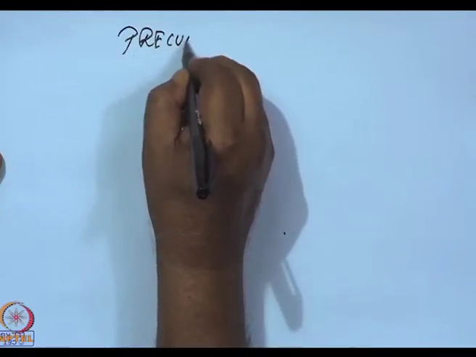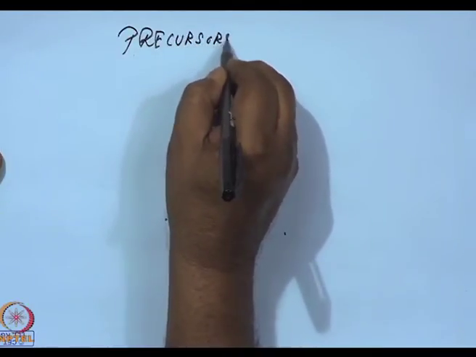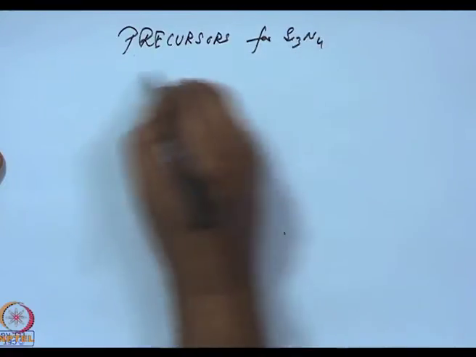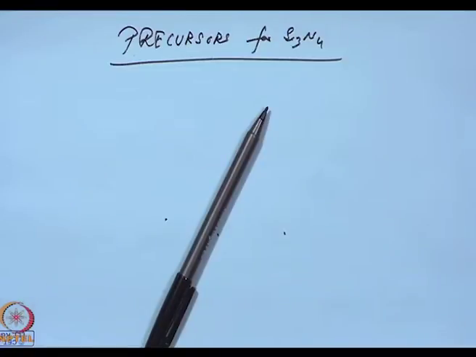Now, let me come to precursors for silicon nitride. As you had seen, silicon nitride is a ceramic which has got a huge importance, and being able to fabricate silicon nitride fibers has been a major goal.